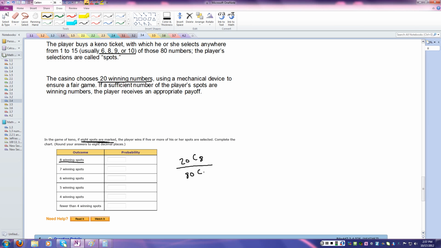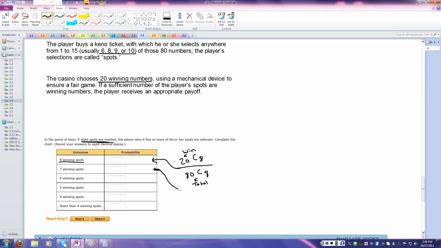Choose 8. So you're only picking 8. You have 20 ones, these are the winning ones, over the total. 80 is the total, and 20 win. So this would be that I win 8 spots.